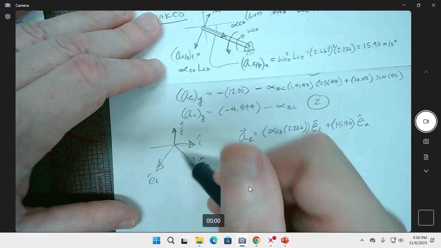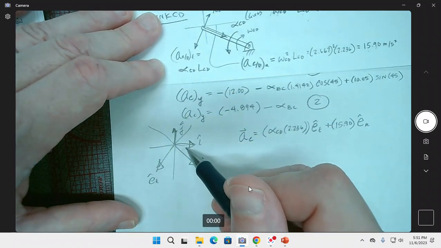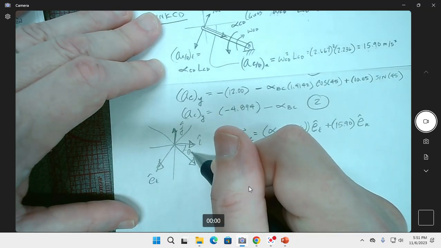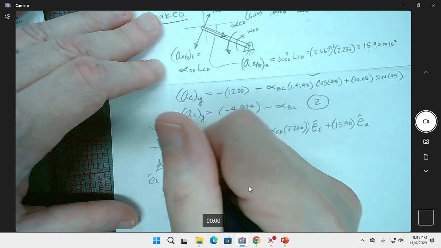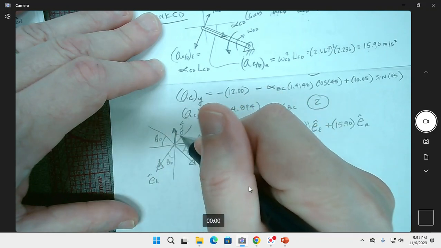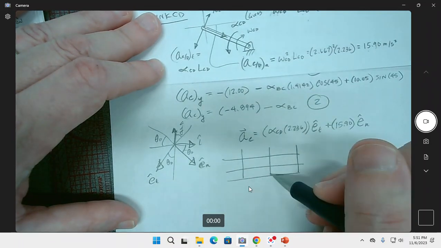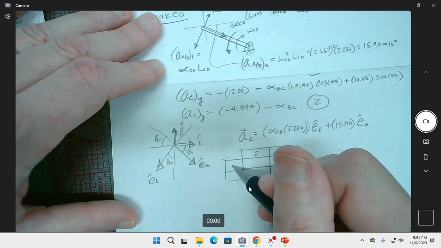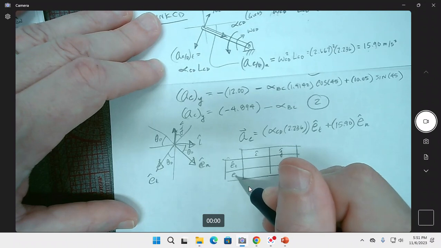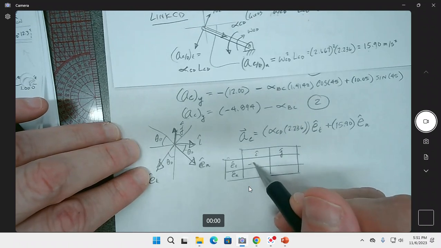And then, as you'll recall, our coordinate transformations right here, that angle right there is our theta D. And so, therefore, that, too, is our theta D up there. So, the coordinate transformation, if this is i and j, and this is et and en, we'd say in the i direction, it's going to be a negative sine.